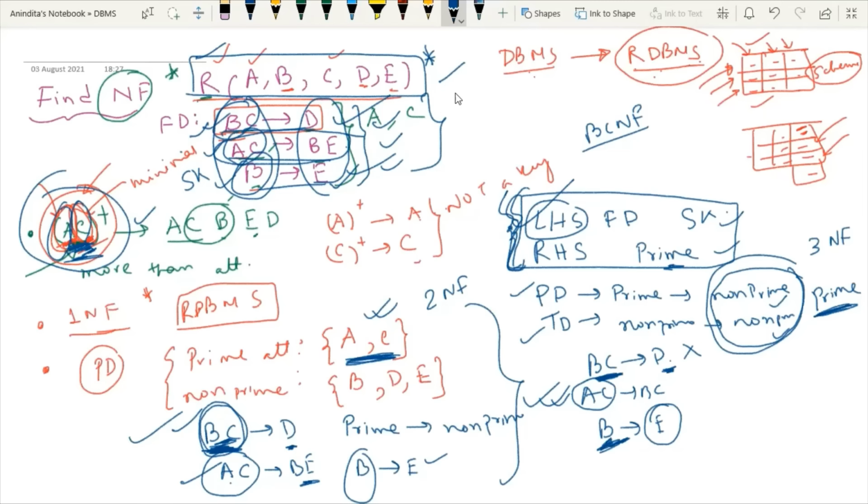If the relation R is not in 3NF, then there is nothing to move forward. It is not in BCNF either, because to be in BCNF, the first rule is that the relation must be in 3NF and all the LHS of the given functional dependencies must be a super key. This condition is not satisfied, so it is not in BCNF.